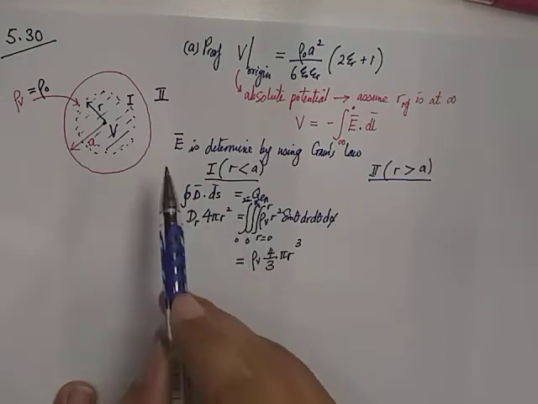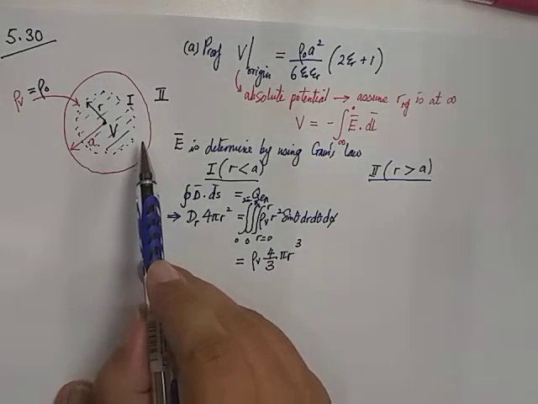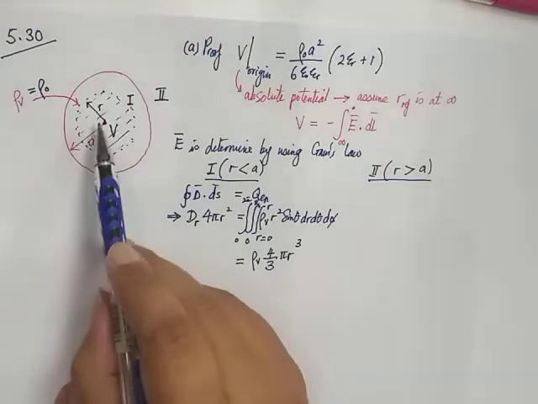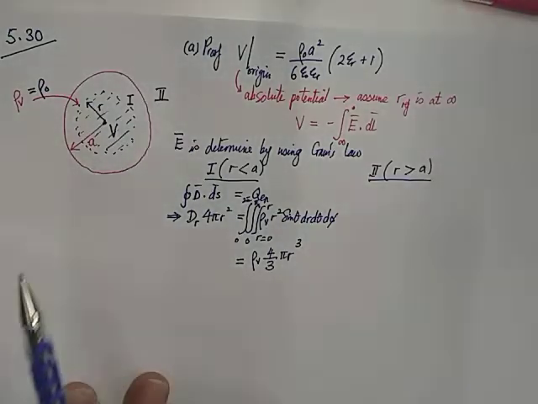Even though we know there is still charge in the region from r up to a, based on the definition of Gauss law, the charges we need to consider in the calculation are only the charges contained within the Gaussian profile.